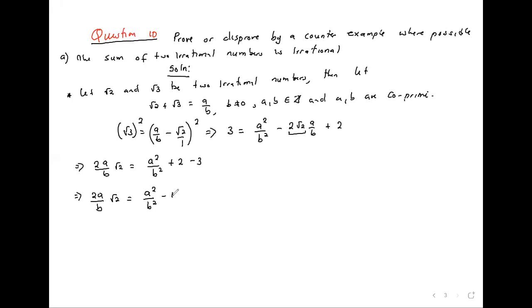Then we divide by 2a over b so that we remain with root 2 alone. So we have root 2 is equal to a squared over b squared minus 1 over 2a over b.